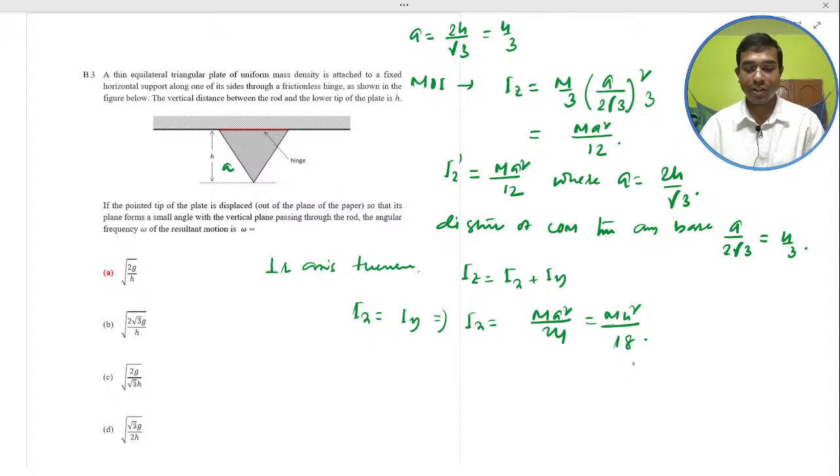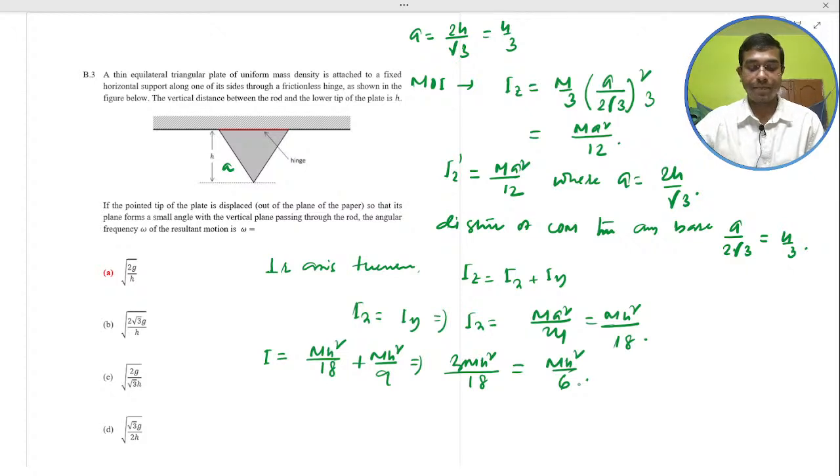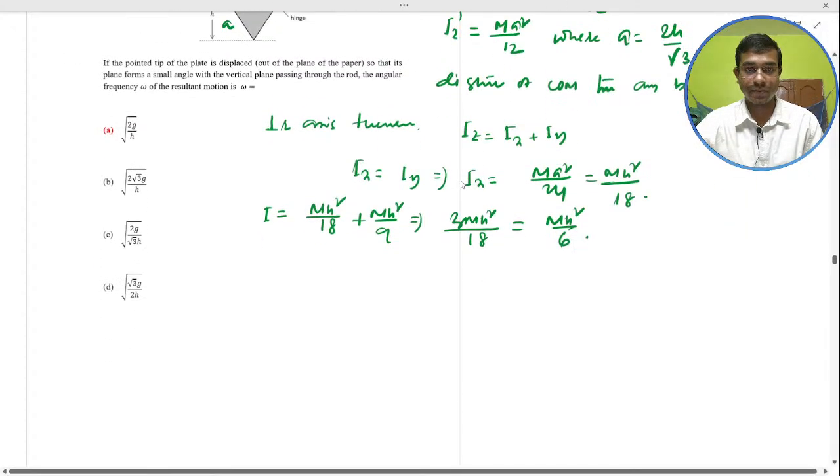So the moment of inertia of the plate about an axis passing through the hinge, we can use the parallel axis theorem. I equals m a square by 18 plus m a square by 9. That is equal to 3m h square divided by 18, that is equal to m a square by 6. The plate is executing pure rotation about the hinge.